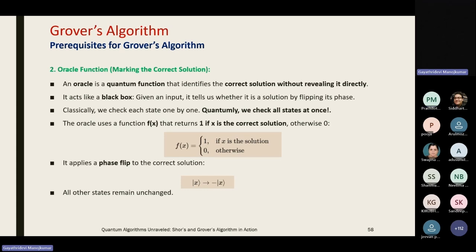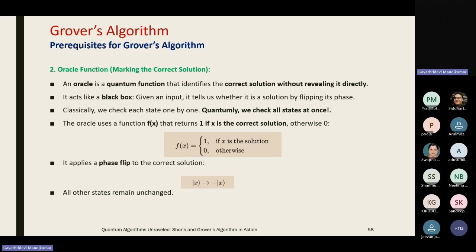The state 101 is now out of phase compared to the others, which remain unchanged. In case it is a correct solution, it will give a solution. So it applies the phase flip. That is what I'm telling.